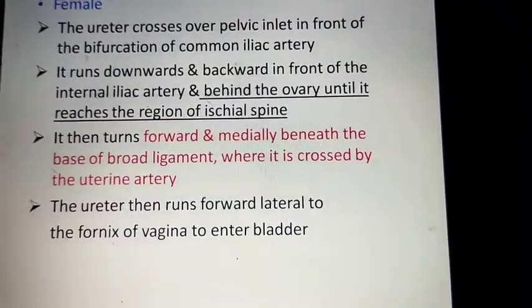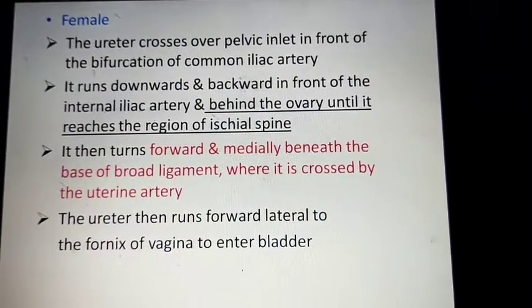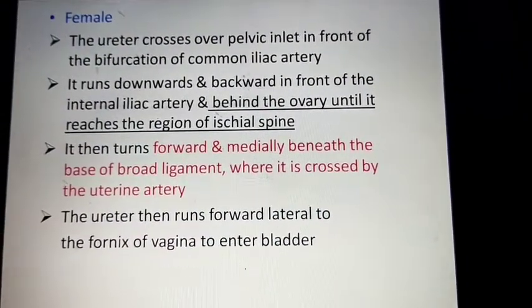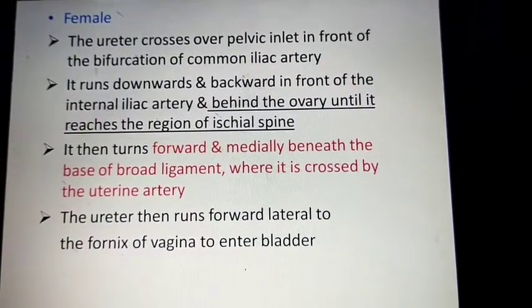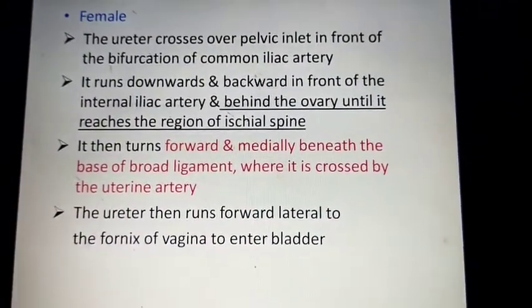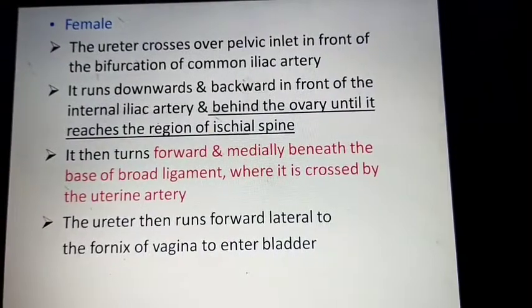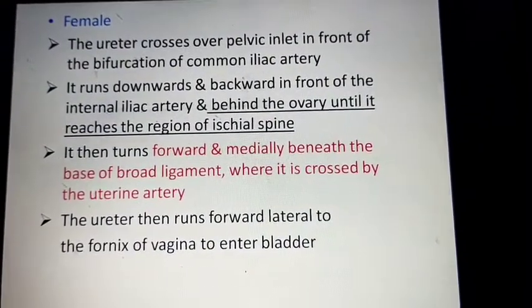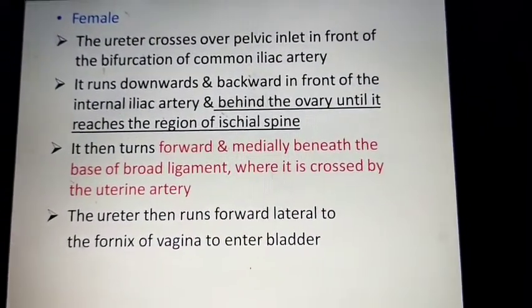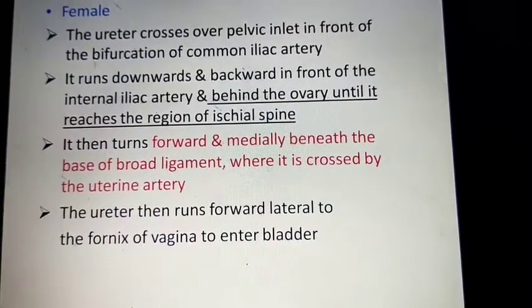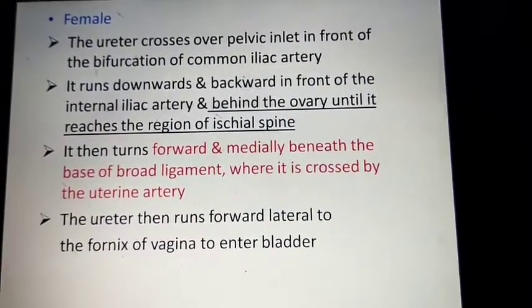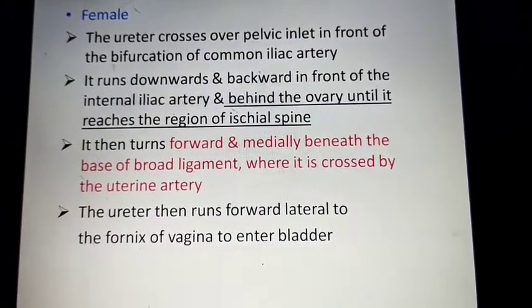In the female, what is the difference? Here also, at the start the ureter crosses the pelvic inlet in front of the bifurcation of the common iliac artery. After that it runs downwards and backwards in front of the internal iliac artery and behind the ovary, and reaches the region of the ischial spine.